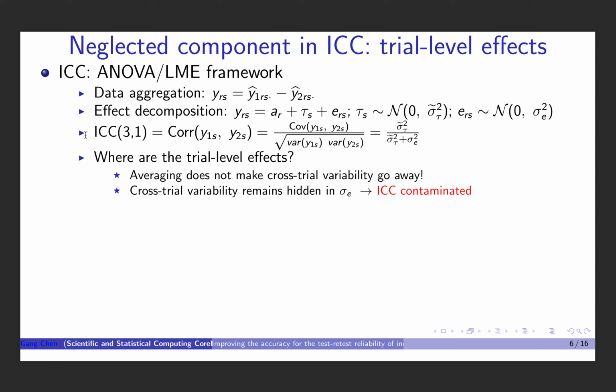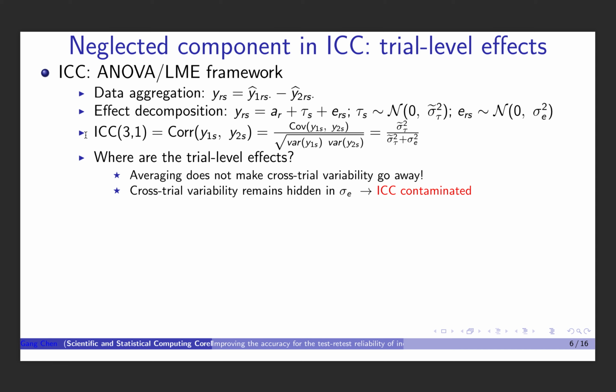What is this? Because of the aggregation steps, the missing component is the trial effects. So we pre-process the data. In the modeling framework, either the ANOVA or linear mixed-effects model, we don't see the trial level effects.